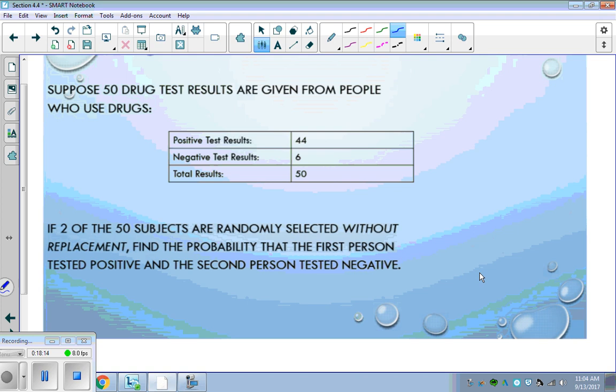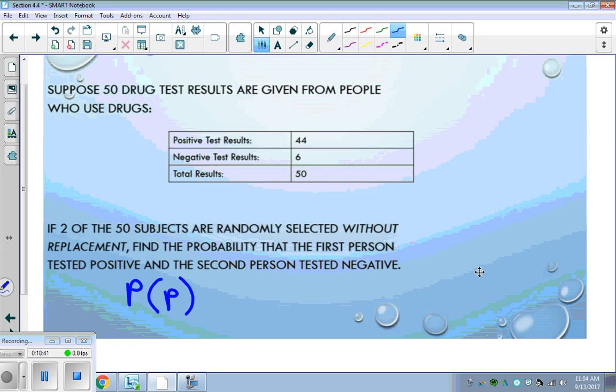So the first time, I want the probability that the person is positive. If I were going to write it using my formula, to me it just makes sense not to use the formula, but I'll write it. Tested positive, it would be the probability of being positive.